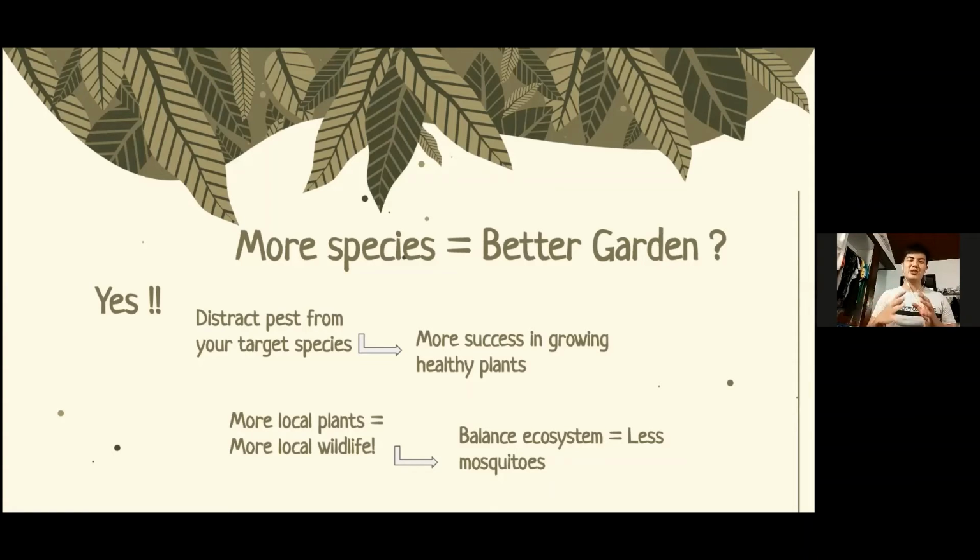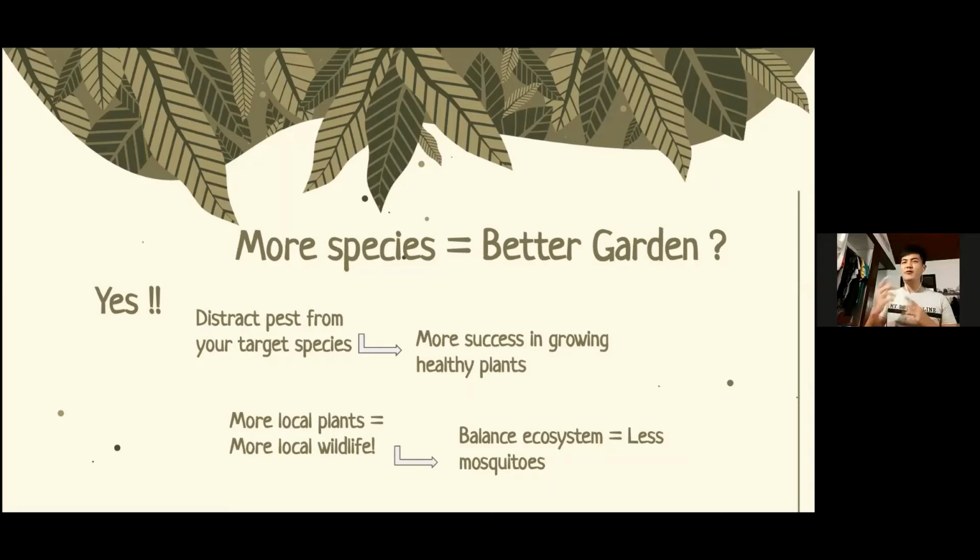When you have more local wildlife around you, maybe you introduce a lot of plants, and these plants attract a lot of butterflies, birds, dragonflies, and tree shrews, stuff like that. They will help to nurture your garden to be more mature and actually make your plants healthier.